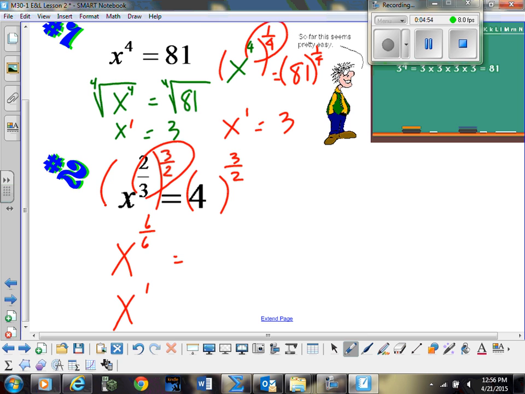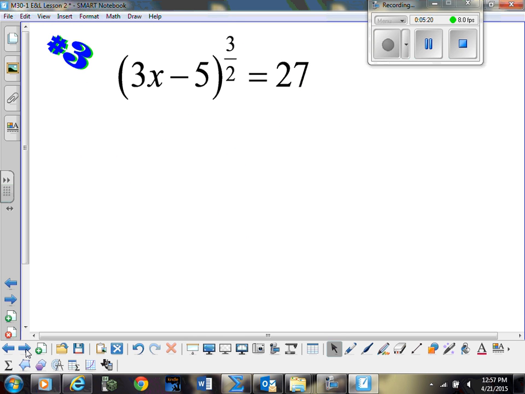When I take 4 and raise it to the power of 3 over 2, denominator is the root, and numerator is the exponent. And 4 is a perfect square, so that's 2 to the power of 3, which equals 8. So x is equal to 8. So when you see fractional exponents, you can always get rid of them by raising both sides to the reciprocal.